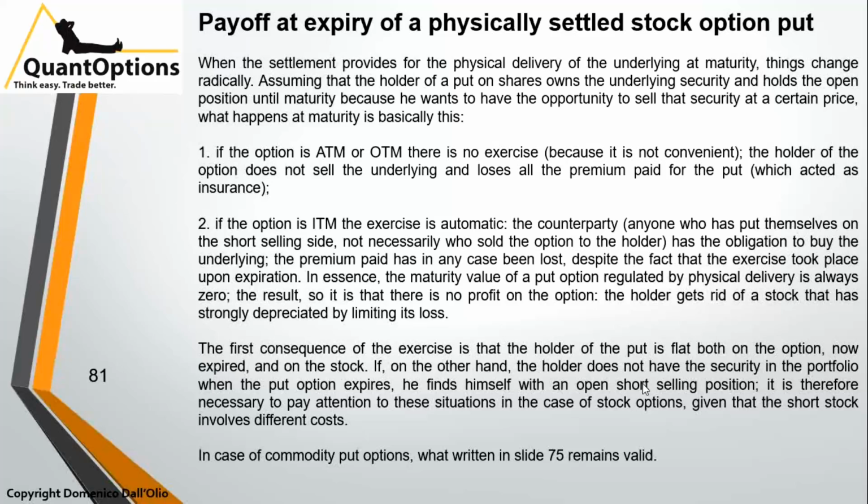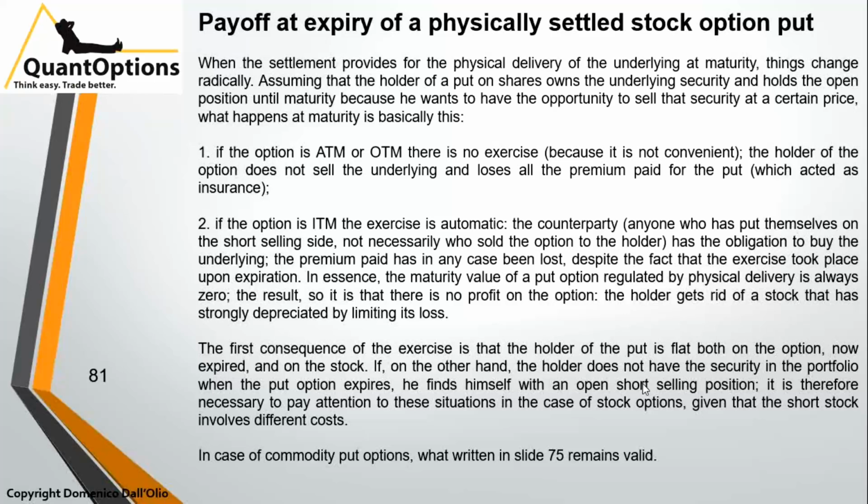Scenario number 1: if the option is at the money or out of the money, there is no exercise because it is not convenient. The holder of the option does not sell the underlying, and loses all the premium paid for the put, which acted as an insurance policy.